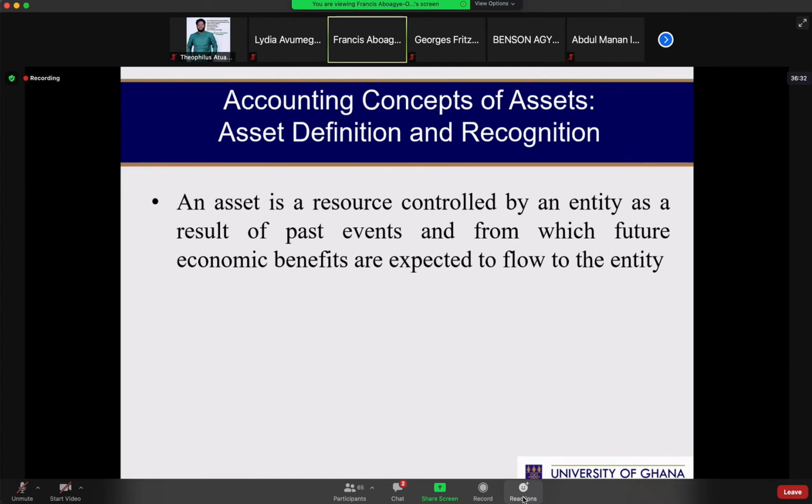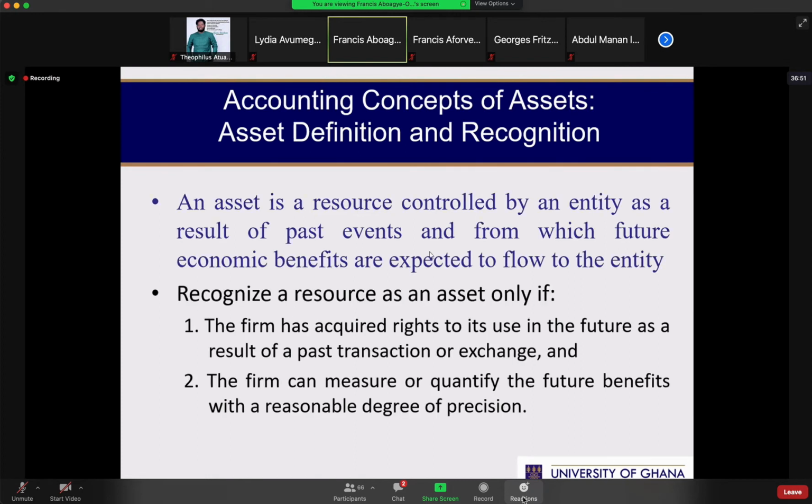Okay, all right. So, by way of definition, we should look at an asset as a resource that is controlled by an entity. So we are looking at the issue of control. And that ties in with how to recognize a resource as an asset. If you're going to recognize a resource as an asset, then you should have acquired rights to its use. So it brings in the issue of control.